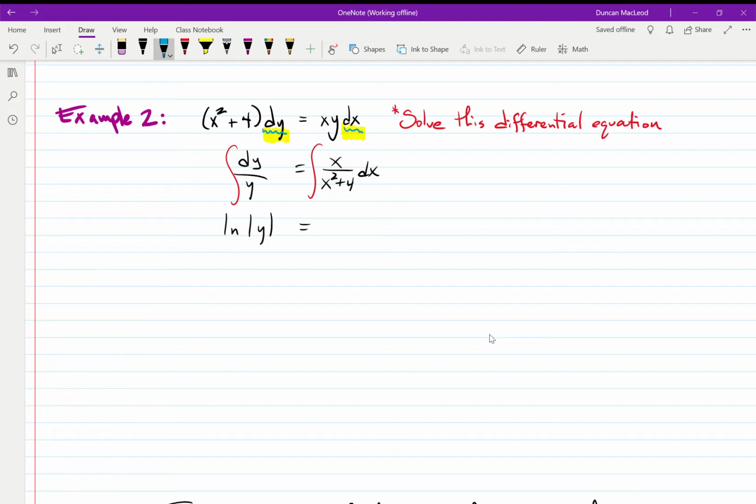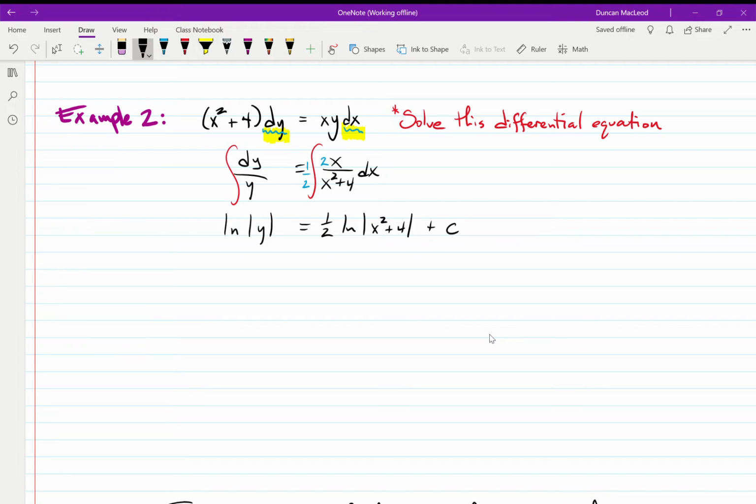The top isn't quite the derivative of the bottom. The top would have to be 2x to be the derivative of the bottom. So I'm going to put a 1/2 up front. So then this side, when I integrate it, would become 1/2 natural log, because I've got derivative of original, natural log of the bottom. And then plus c.